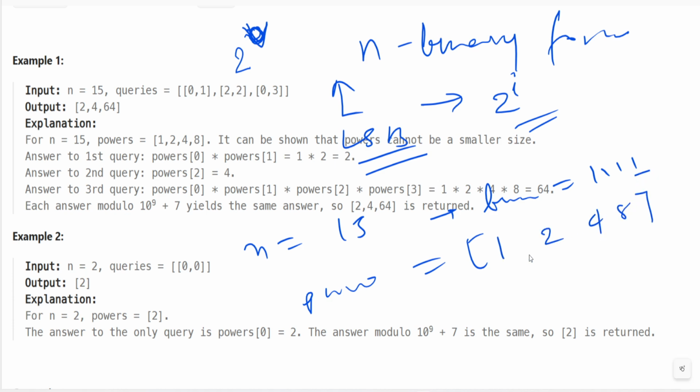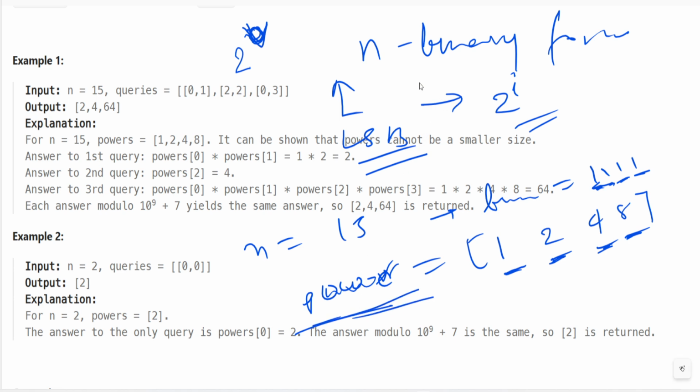We start from the least significant bit, and if the bit is set, we add 2 to the power i to the list. Another bit is set, add 2 to the power i. Another bit is set, add 2 to the power i. Like that we keep adding, and we get the power array.